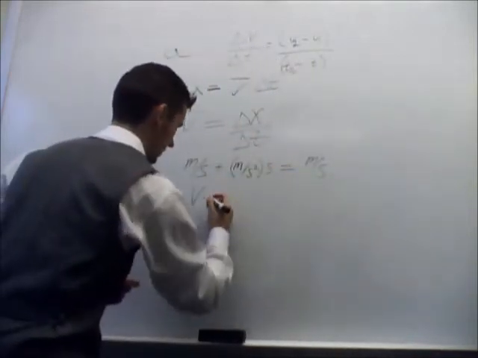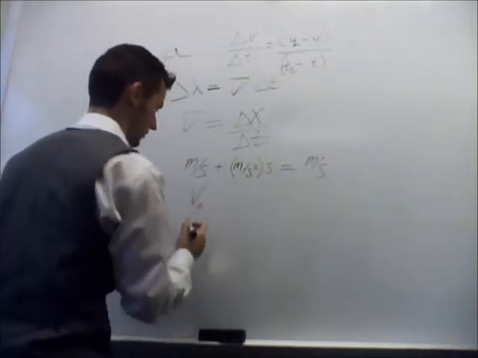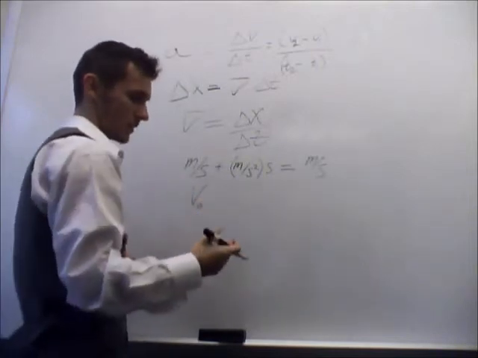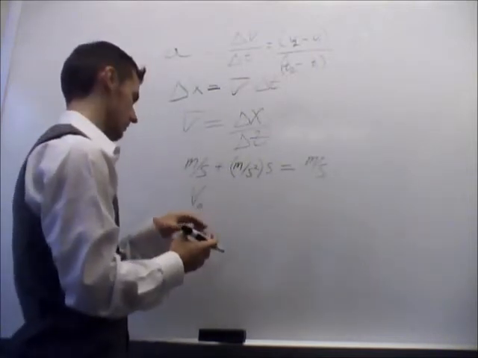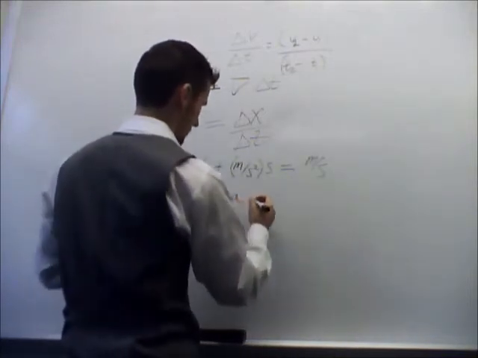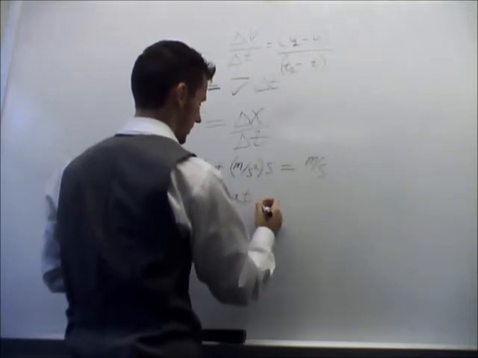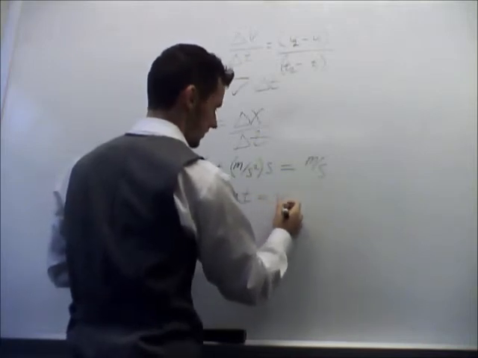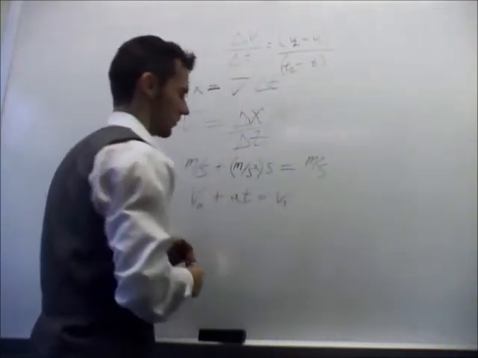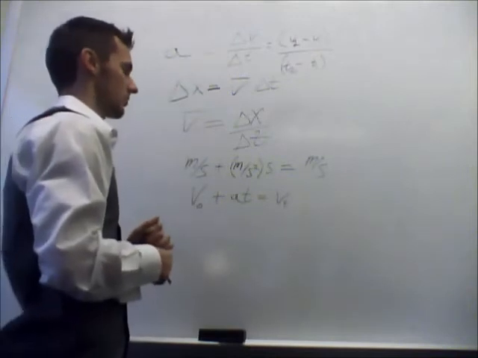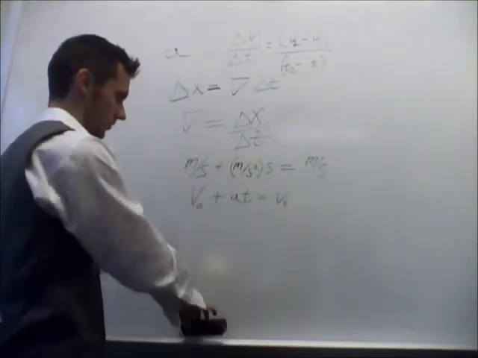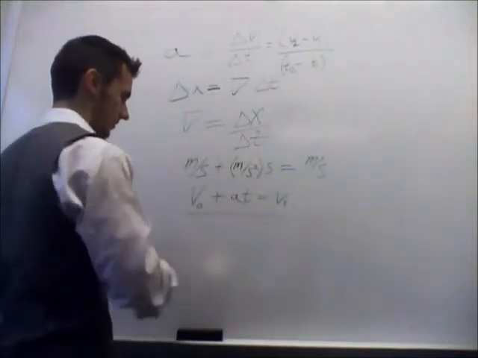And so what this is saying is your start velocity, which will be noted by v null, or v with a 0, it's your first one, so we start with the number 0, plus acceleration multiplied by time equals final velocity. So that's the first equation. Big deal.